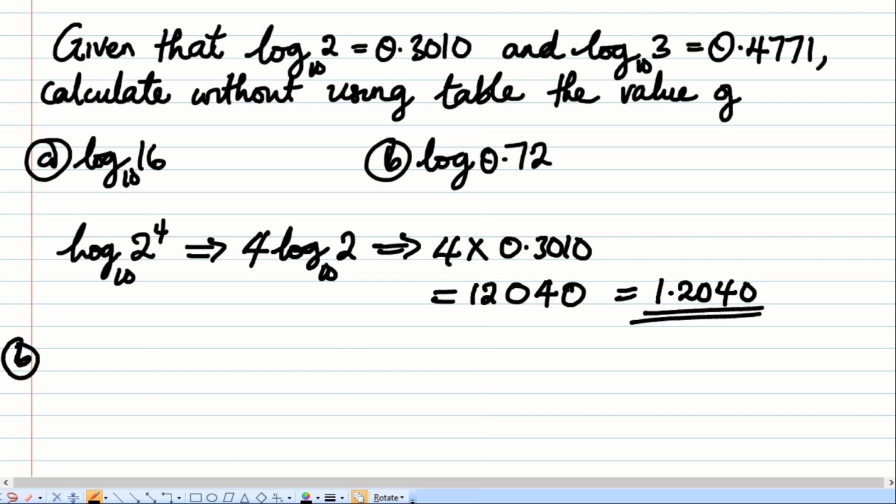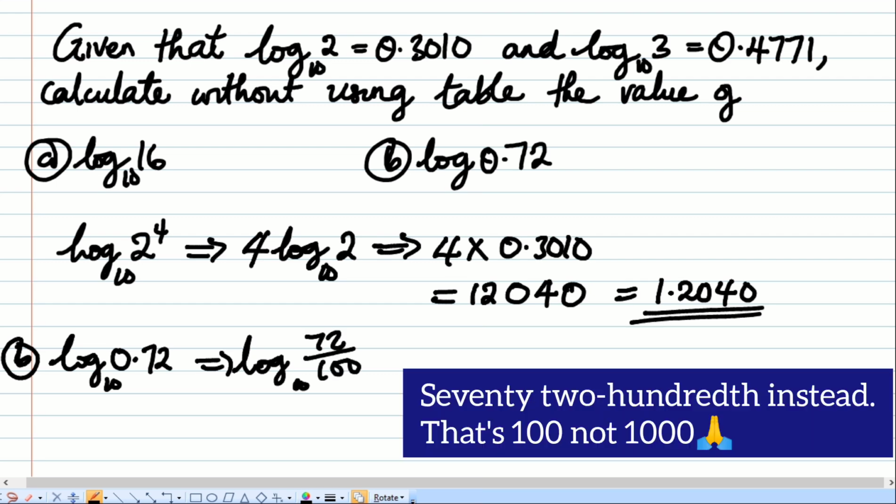So B part, we have logarithm to the base 10 of 0.72. Well, we're going to change 0.72, we're going to write it as a fraction. So writing it as a fraction, we now have the logarithm to the base 10 of 72 over 1000. 0.72 is the same thing as 72 over 1000, or 72 1,000.